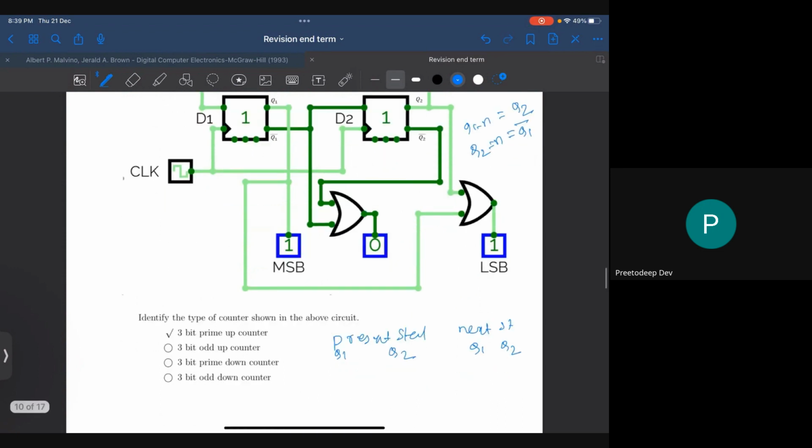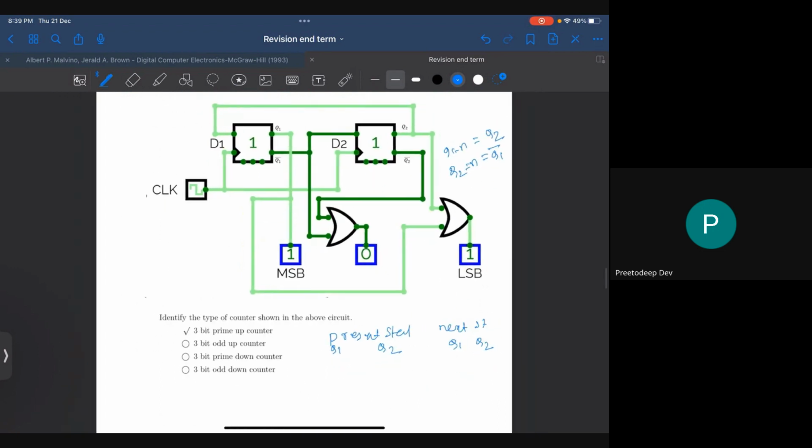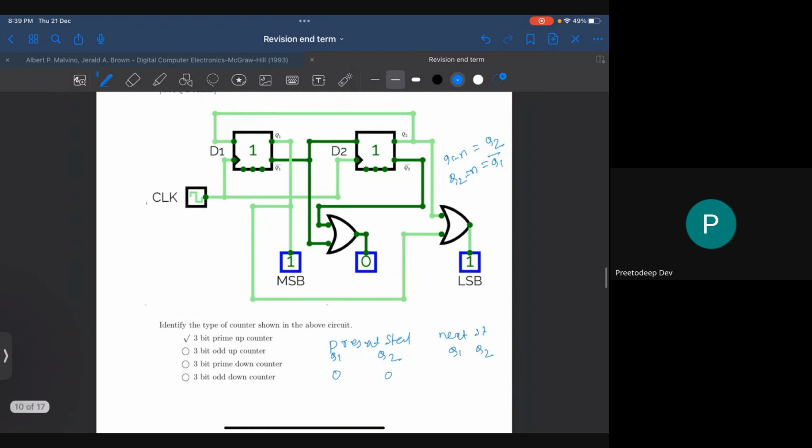Okay, so let's start from 0 0. So 0 0, then you can see that q2 is 0, right? So q1 next is q2, and q2 next equals q1 bar. So q1 bar will be 1. So 0 1.